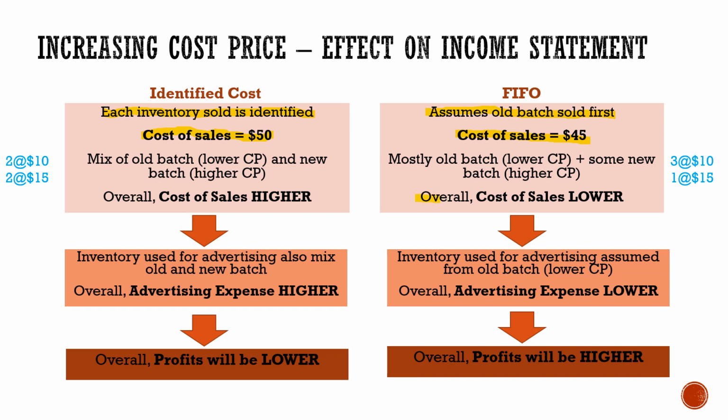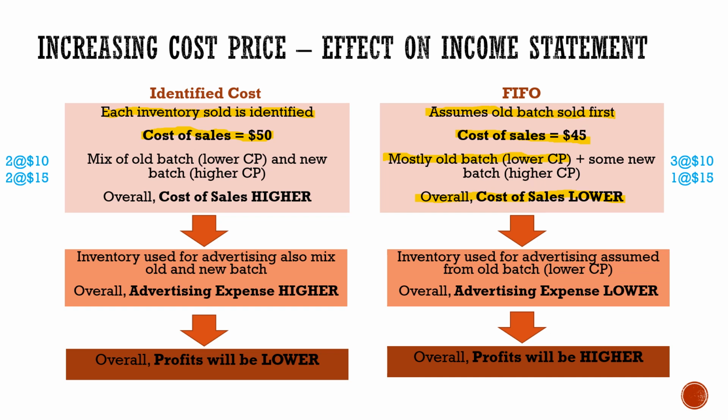So overall, we can see that using the FIFO method, we will get a lower cost of sales. And the main reason is because we are assuming that the older batch is sold first, and therefore the calculation of the cost prices of the inventory sold will lean more towards the older batch cost prices, which was lower in this case.